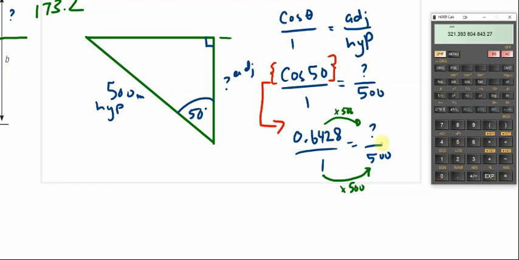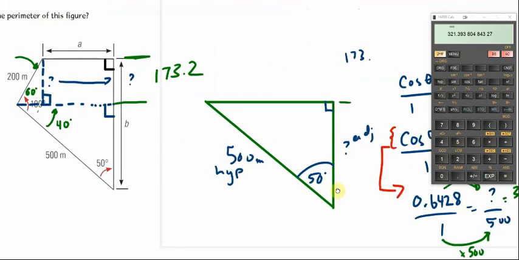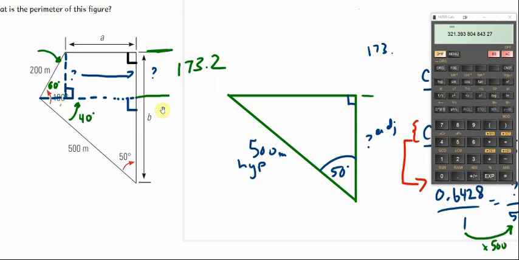And voila, that question mark is 321.39, etc. So now what we've got is this length from here to here is 321.39. I'll keep that for now.